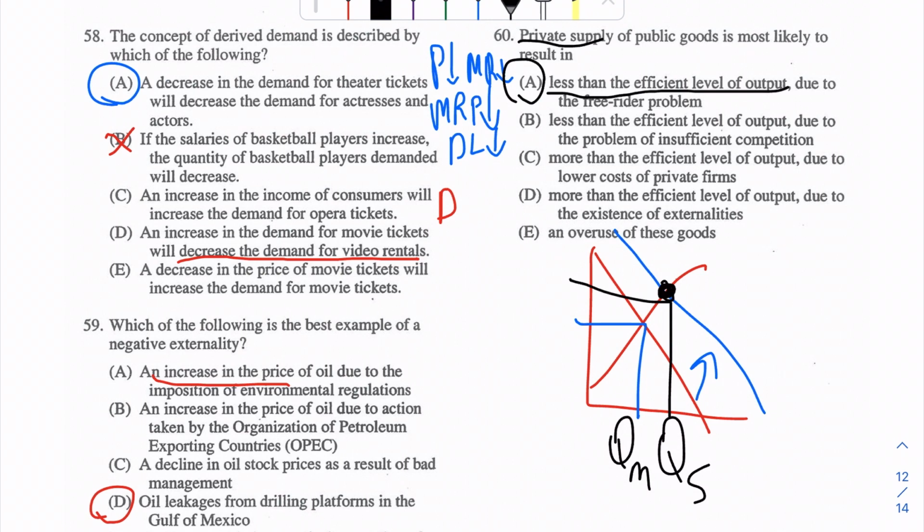So 60 will be A, because you will have more benefit for the public good because you will have more people using the public goods, so you will have more benefit than what the market will provide. So the private supply, what the firms will be doing, will have less than the efficient level of output, and it's because of the free rider problem.